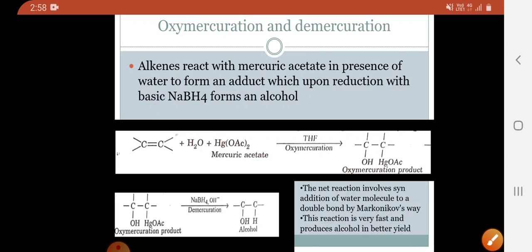This reaction is very fast, and the yield is better. For the production of alcohol, the yield is better in the oxymercuration and demercuration reaction.